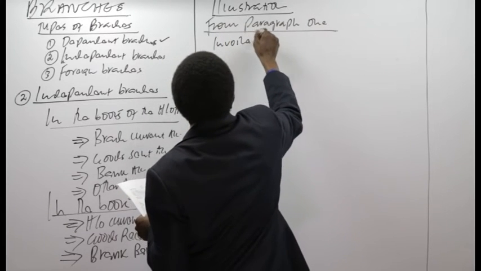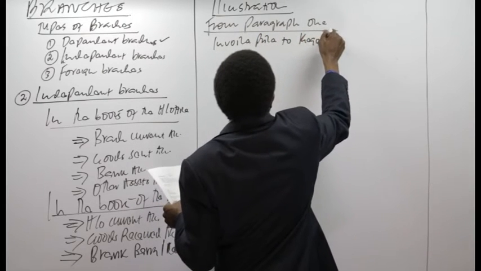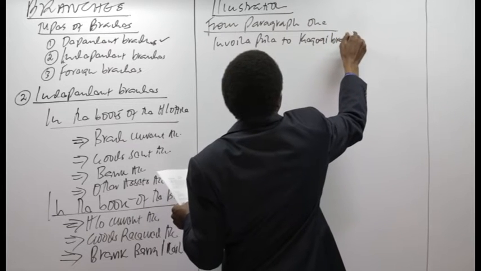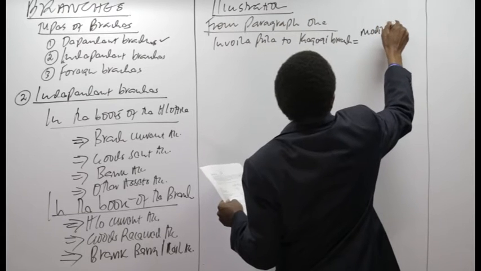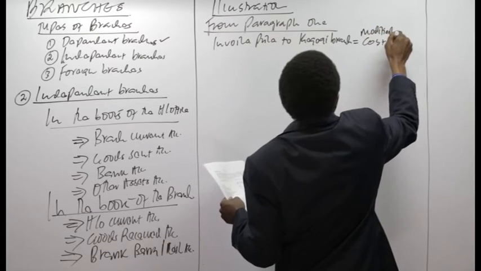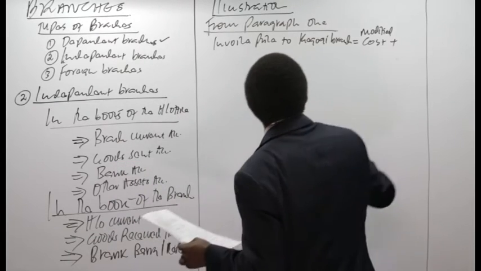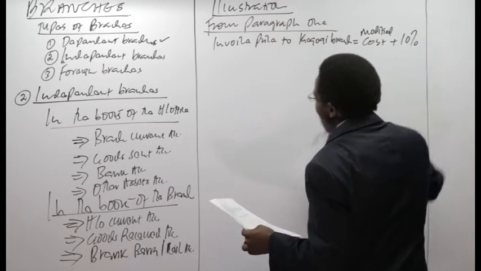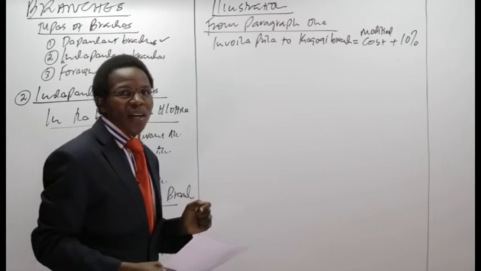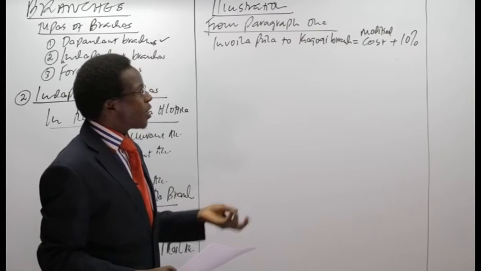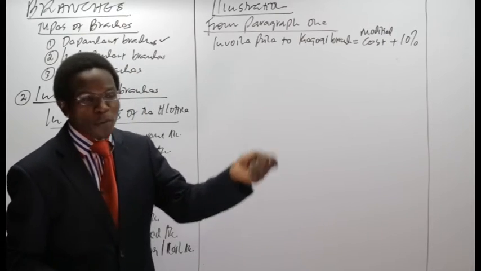Invoice price to Kegogi branch is at modified cost plus, they have told us, modified cost plus 10%. Now, when they tell you modified cost plus, definitely there's a markup. So the markup is 10%. We are sending these goods to the branch at a markup of 10%.